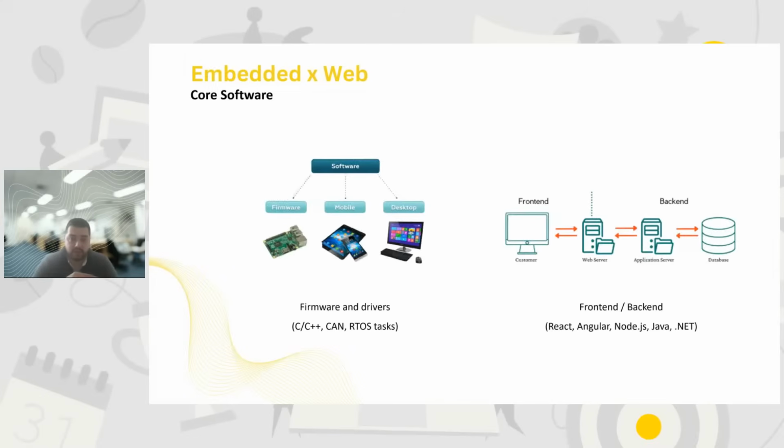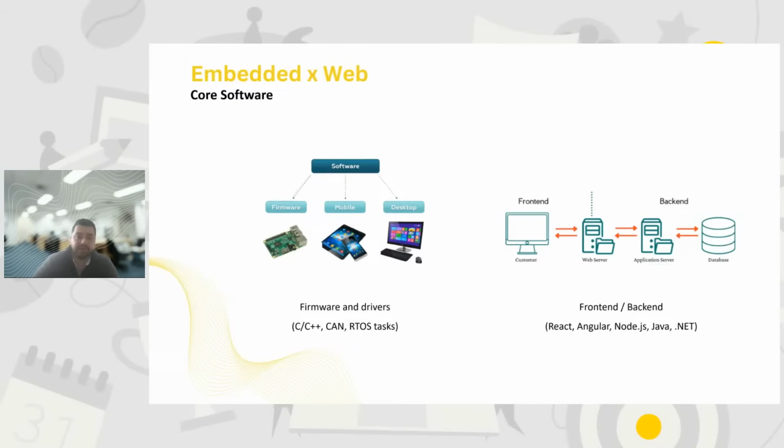Then we have the core software. In embedded, we use a lot the term firmware, which is nothing more, nothing less than software dedicated to running a specific hardware. Here we have different devices. I put this diagram here to help understand the difference and the categories better. We have software, the big umbrella, and then we have firmware for embedded, and mobile and desktop software, normally called only software.